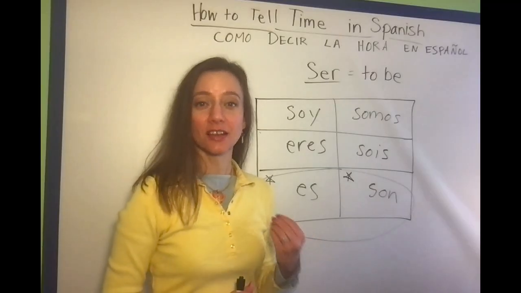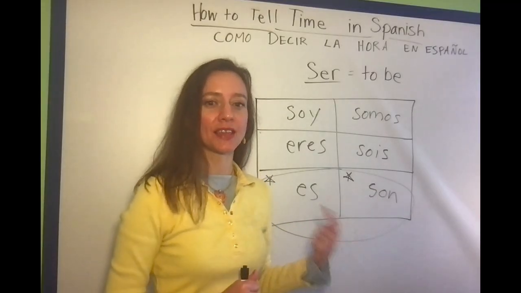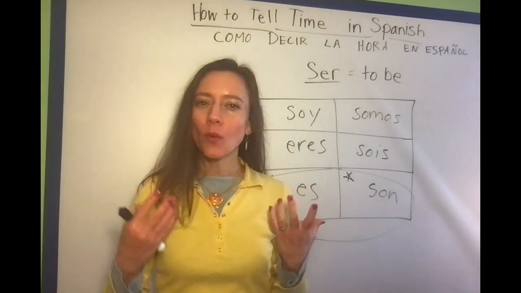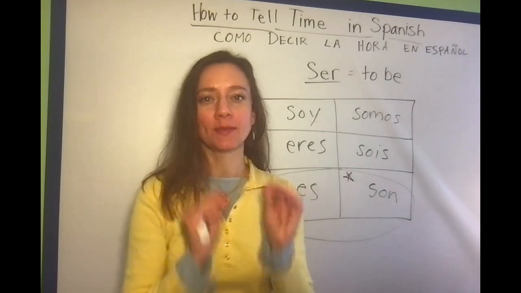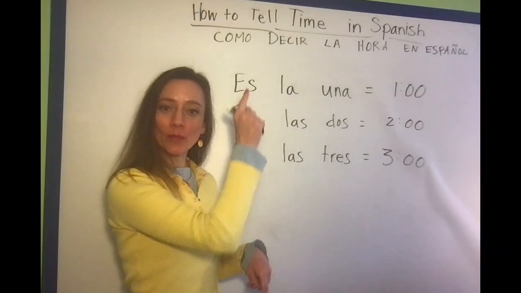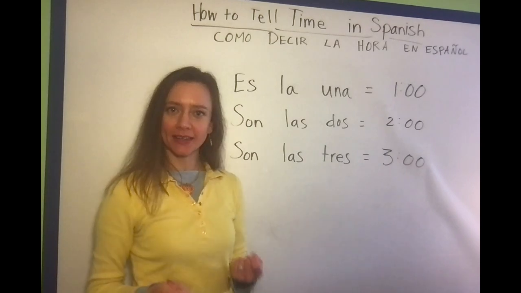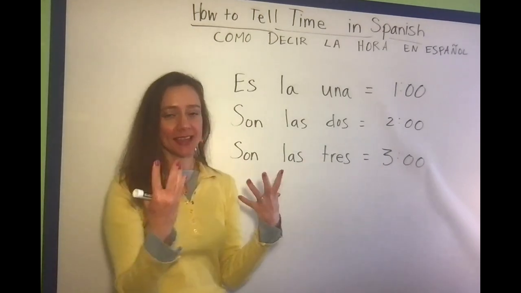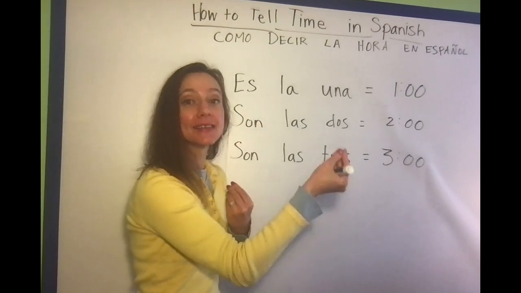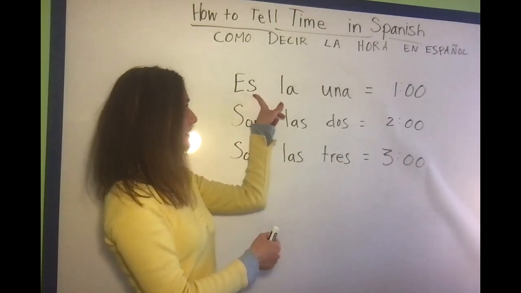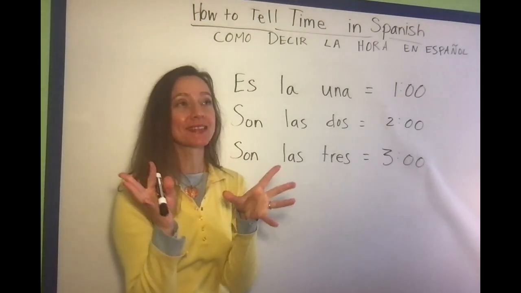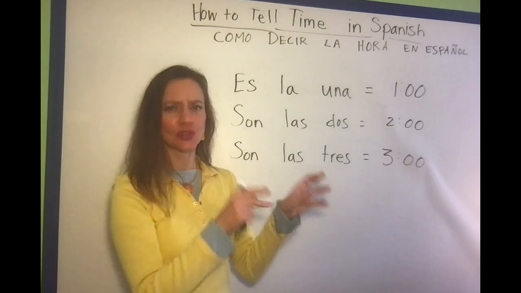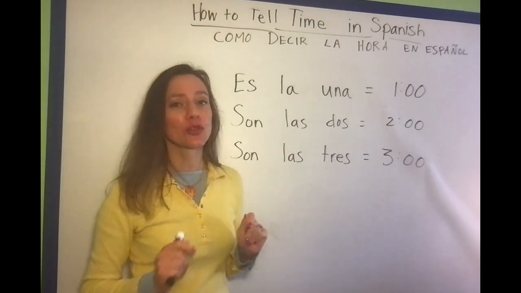Now, to help us understand why we're going to say either es or son, it helps to understand what we are actually saying when we're talking about time in Spanish. When we're answering this question about what hour is it, since we're saying the hour is, we're going to say either es or son, because technically we're saying the hour is 1 o'clock, or the hours are 2 o'clock, the hours are 3 o'clock.